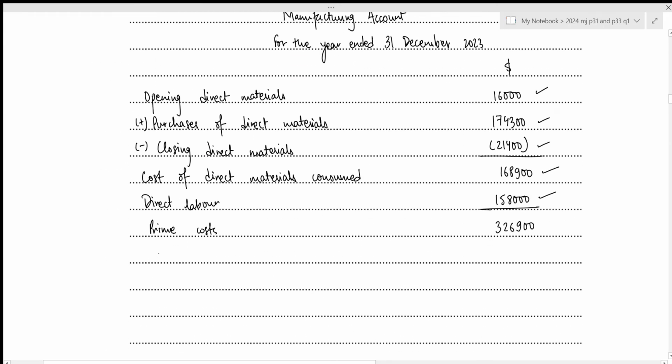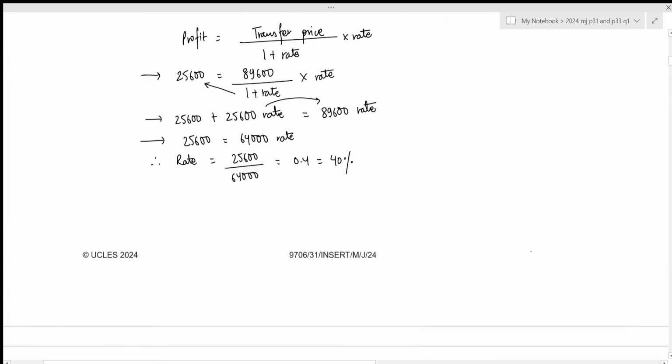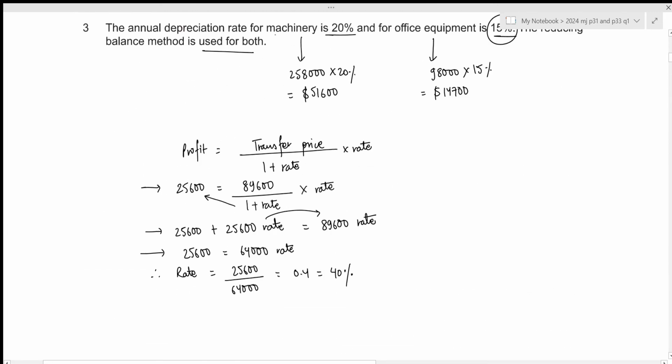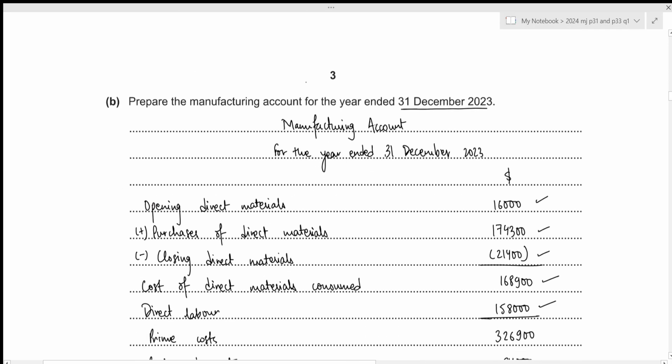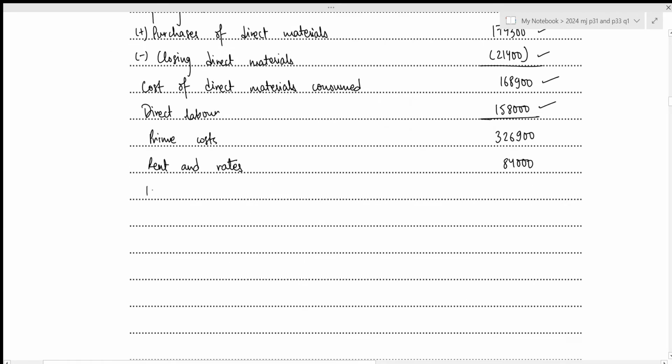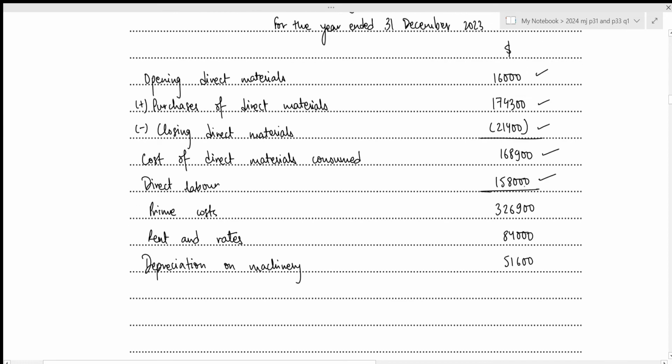So we have rent and rates to be 84,000, and we've also calculated the depreciation. In this case for machinery, that was 51,600. Let's write it down. So this is the depreciation on machinery, and we have the value of 51,600.